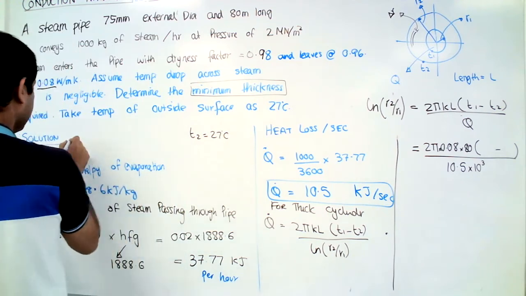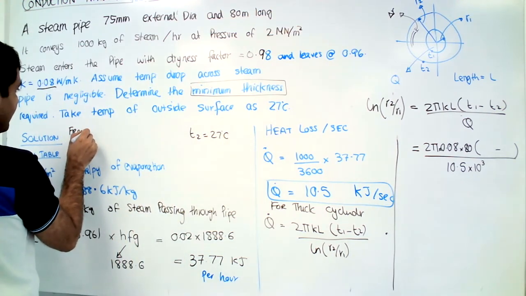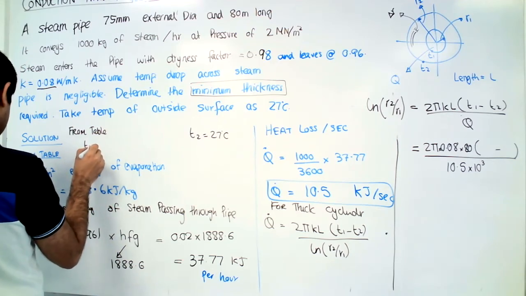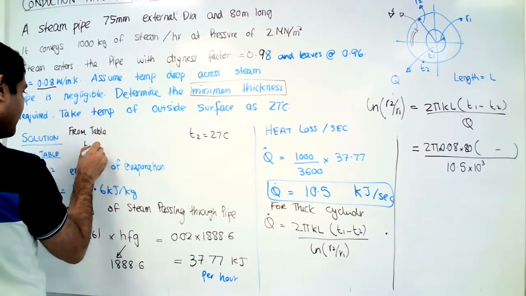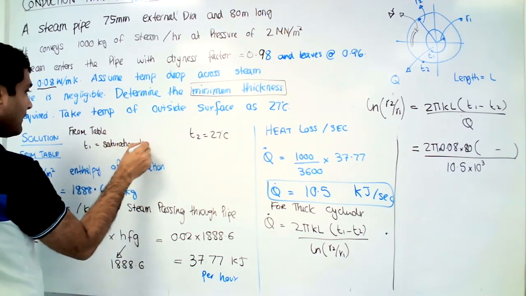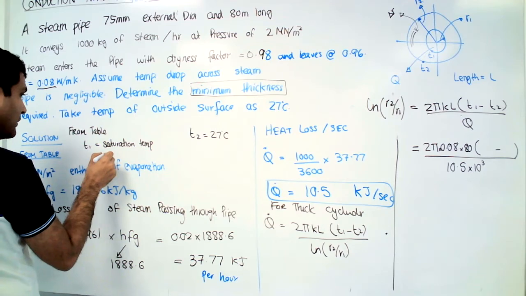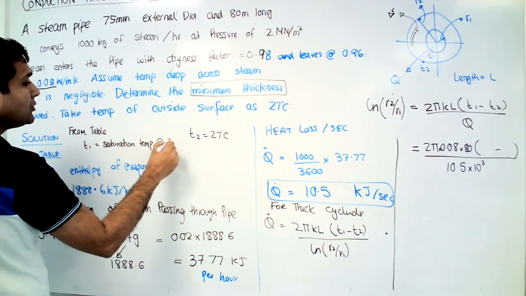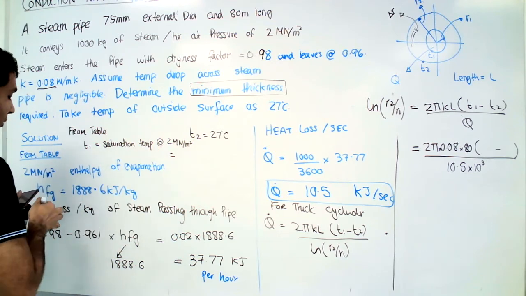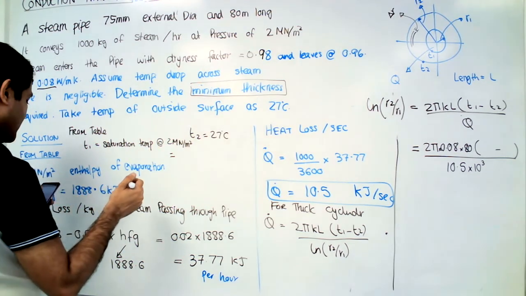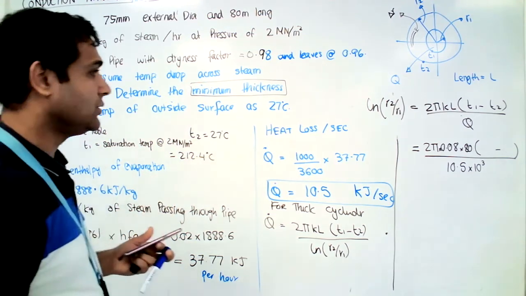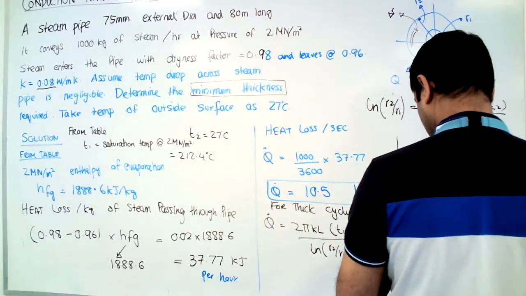T1 from the table. T1 value is the saturation value. Saturation temperature at 2 meganewton per meter square, which will be from the table, is 212.4 degrees centigrade. So that's your T2, and you put the value here.